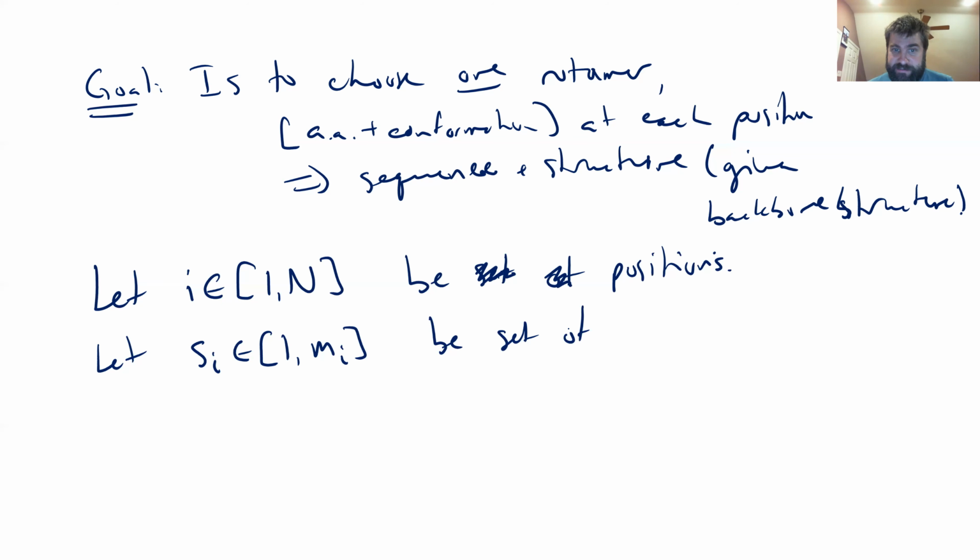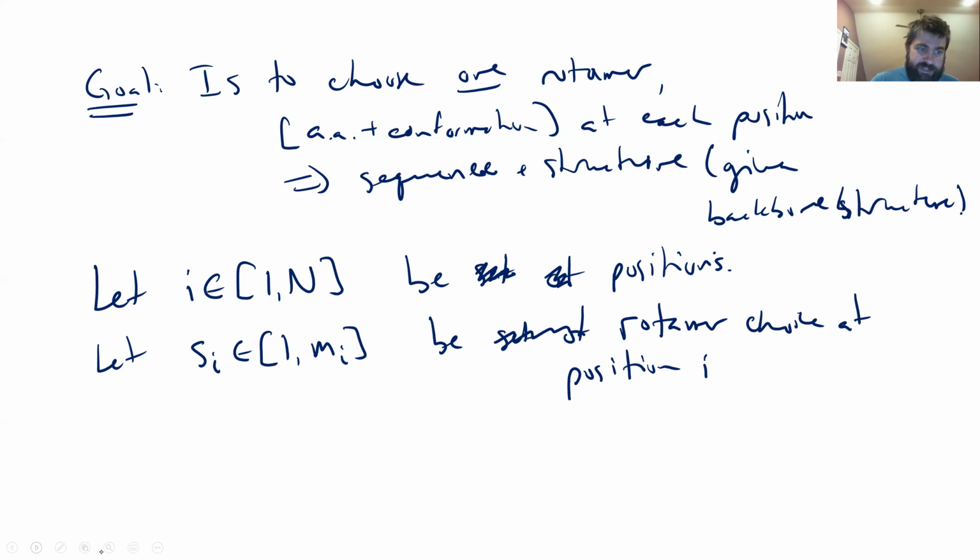Si is a rotamer choice at position I. And we note that we have allowed in this notation the number of rotamers may depend on position.